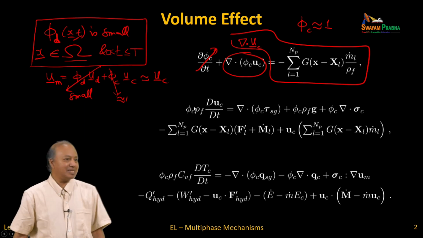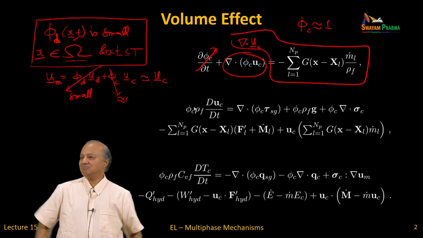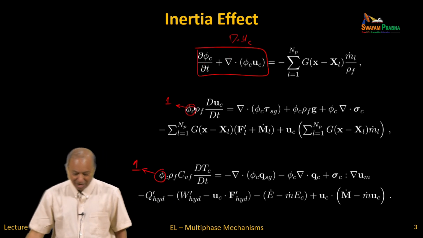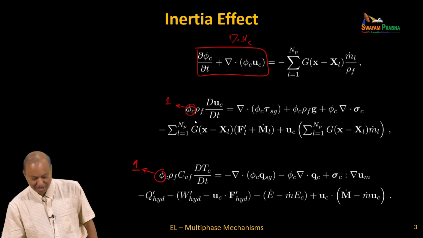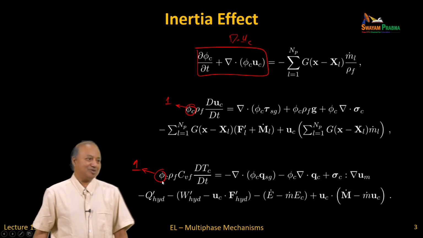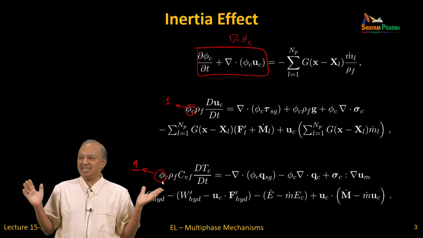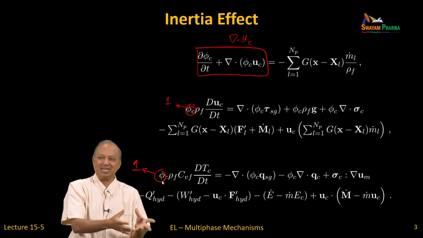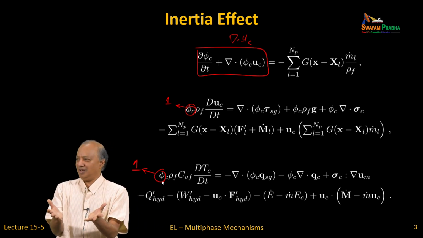In the mass balance equation, you say fluid is everywhere. Inertia effect is basically setting phi c to be 1 in these equations. So, in other words, you are saying, well, forget there is more particles there, it's heavier fluid, etc. Don't worry, it's just fluid everywhere.